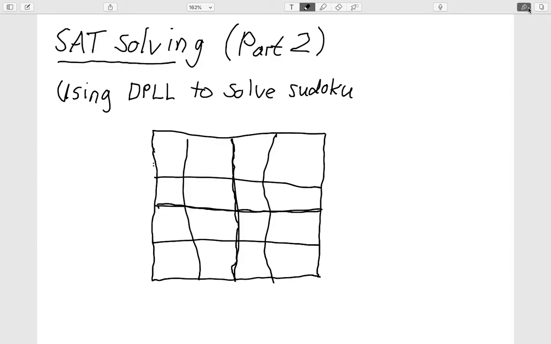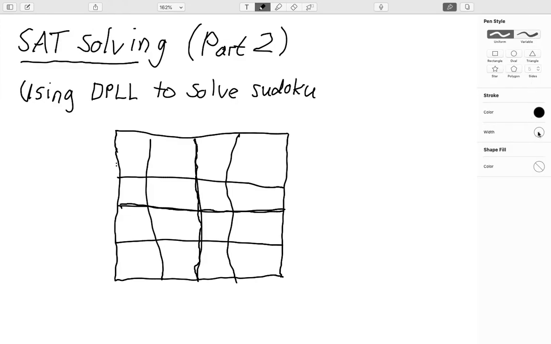So if we go to the pen settings and the pen width, let's put a proper thick line in there. It still looks very messy, but never mind, it's good enough.